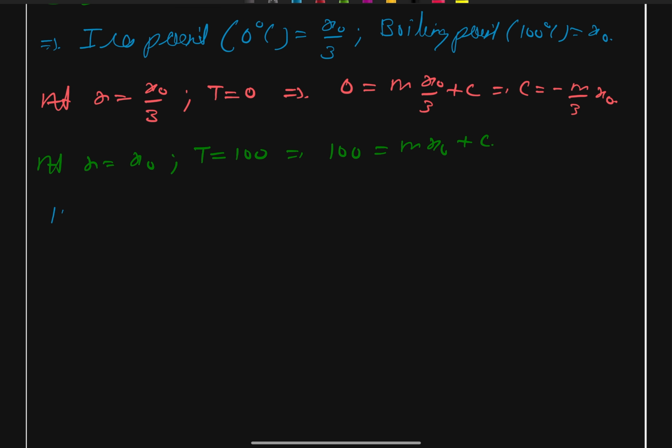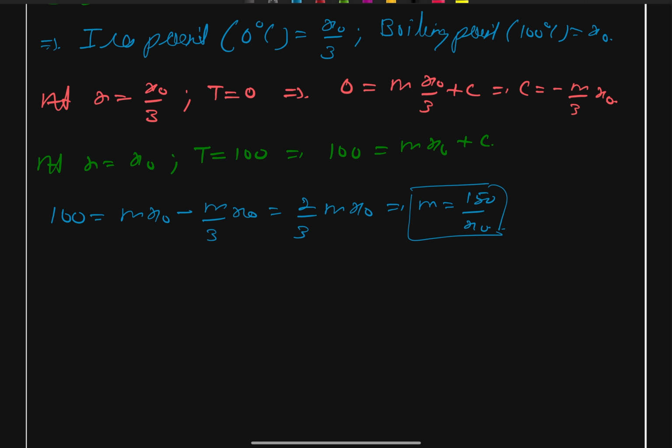We get 100 is equal to m x naught minus m by 3 times x naught, and this will be equal to 2 by 3 m x naught. So from here we get that m will be equal to 300 divided by 2, which will be equal to 150 by x naught.